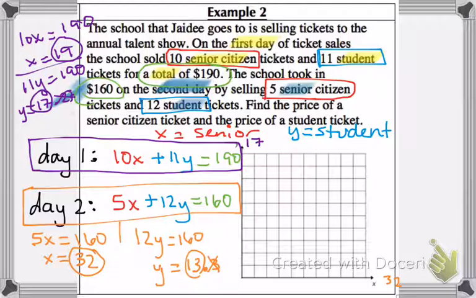So I have, let's see, 1, 2, 3, 4, 5, 6, 7, 8, 9, 10 marks on either direction. So in order to get to 32 using 10 marks, I would have to go by 3s. And that would go a little bit off the graph still, but let's go ahead and do that. So this is going to go 3, 6, 9, 12, 15, 18, 21, 24, and 27, and this would be 30, and 33 is really going to be right here.